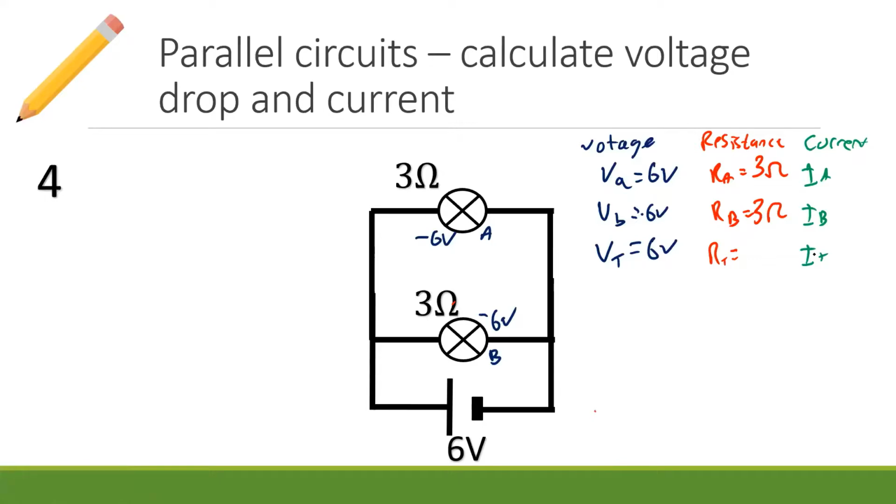We can work out what the current is through A. We know that 6 volts is getting dropped across it. So we can use V equals IR. Rearranging, I equals V divided by R. If I know that 6 volts is getting dropped over 3 ohms, that means the current is 2 amps.